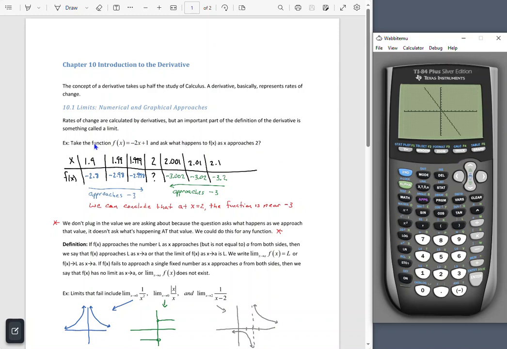Now I want to know what happens to f of x as x approaches 2. I'm getting closer and closer to 2 on my x values. I want to know what's going on with the graph.